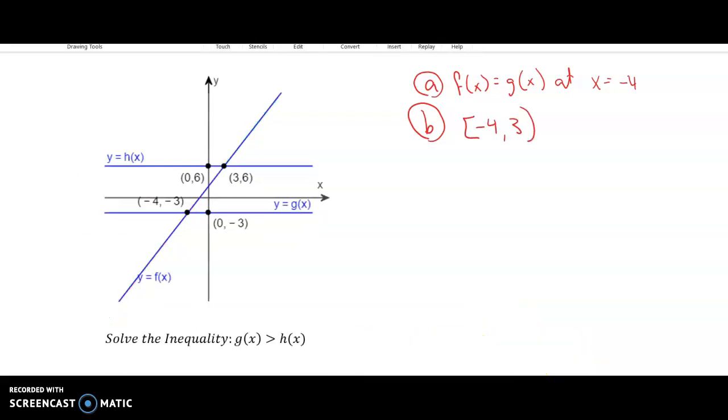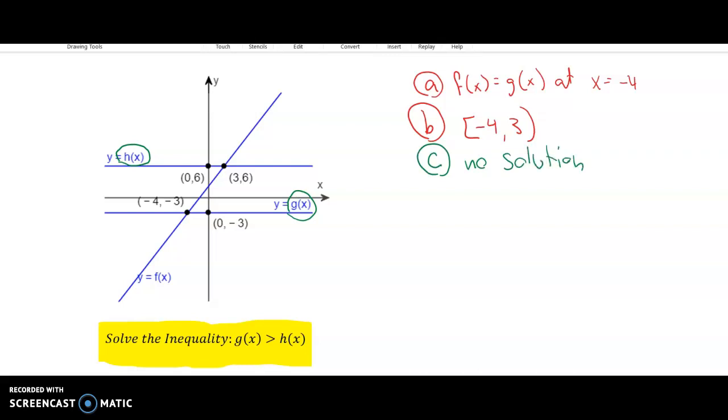Let's try another. Solve the inequality: g of x is greater than h of x. So h of x is right up here. G of x is down there. And g of x will be greater than h of x where its line is above h of x. I don't see any areas where that happens. So we're going to say that there's no solution to that inequality.